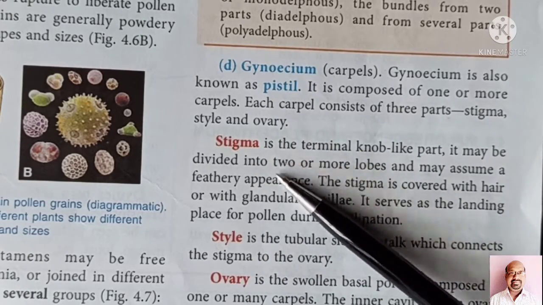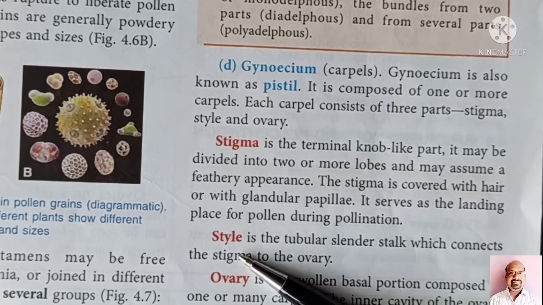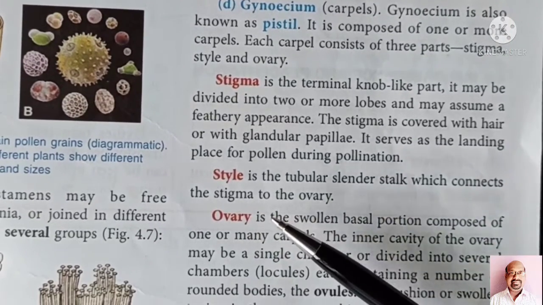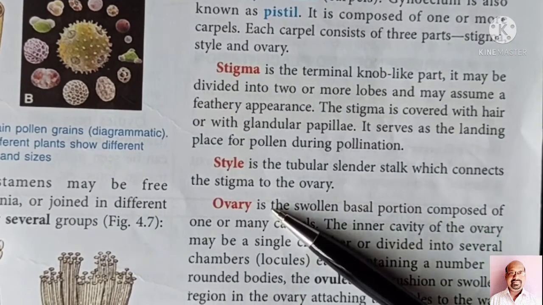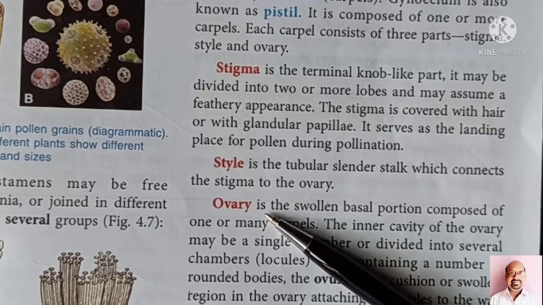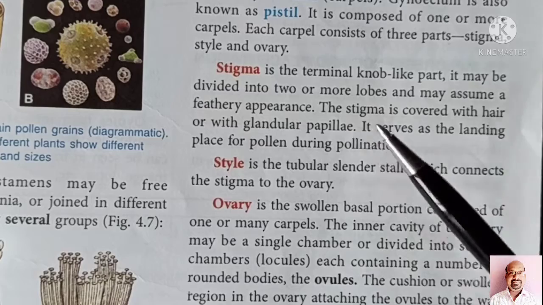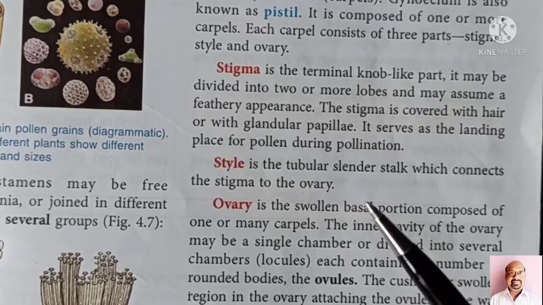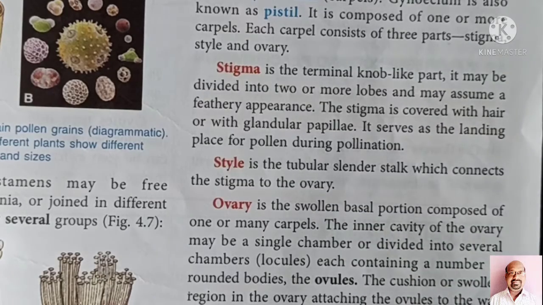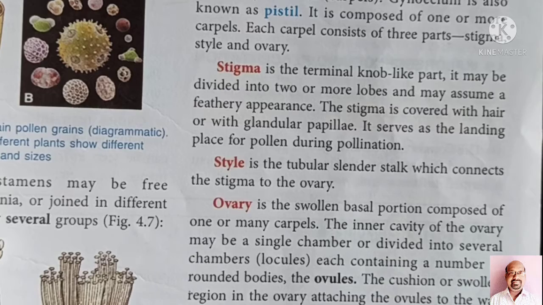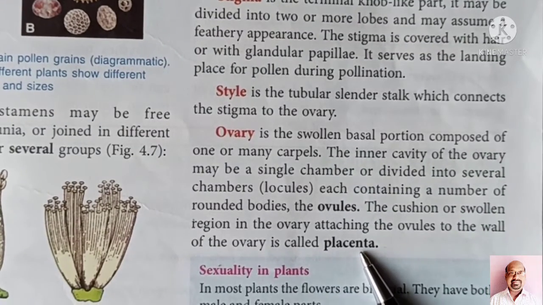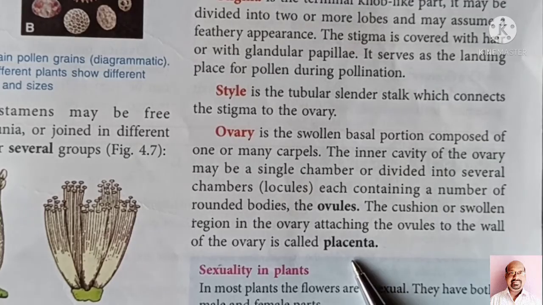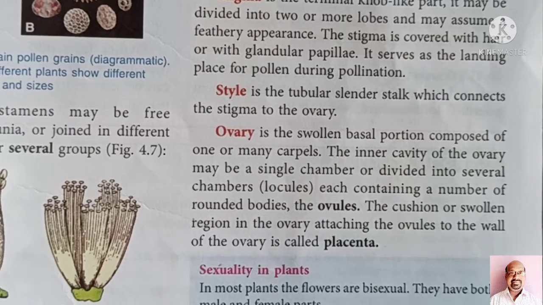The stigma is at the top, which receives the pollen grain, and then the style joins the stigma and ovary, and the ovary contains ovules, and here the fertilization takes place. The tissue that joins these ovules with the wall of the ovary is known as placenta.